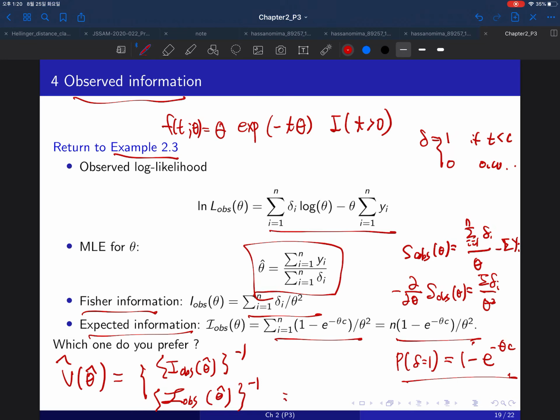Note that this one is a function of theta hat and delta, but here it is only a function of theta hat. So it turns out that it's better to reflect the realized value of the delta i rather than averaging over all possible delta i. So we'll cover this a little bit more in the live class.